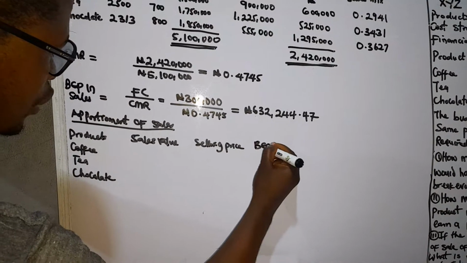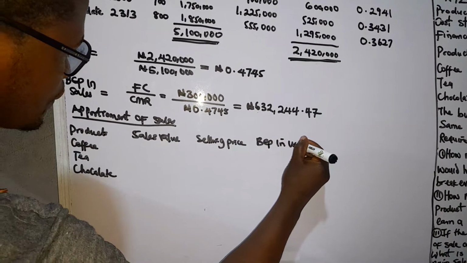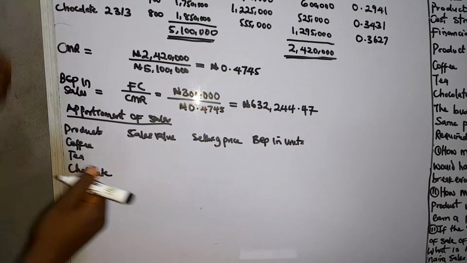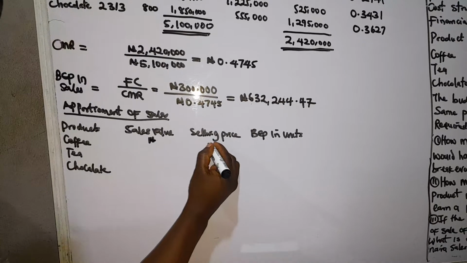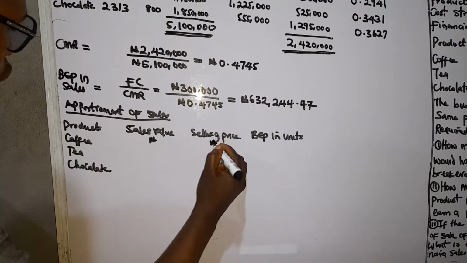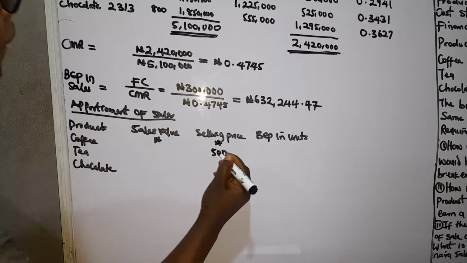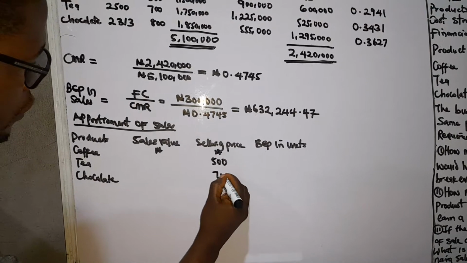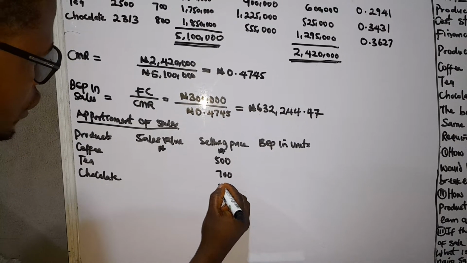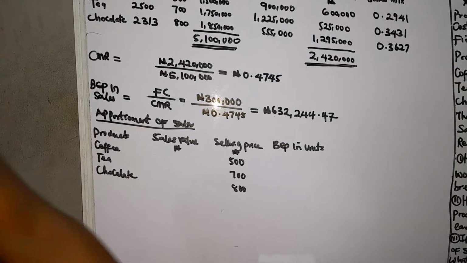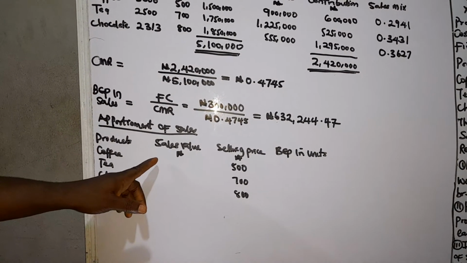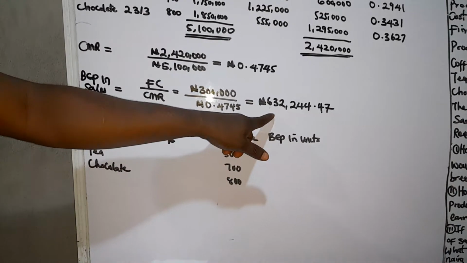I will now get my break-even point in units. So for the selling price, coffee is 500, then 700, and what? 800. You get it now. So now let's get the individual break-even point in sales. This is the total sale for the three products.